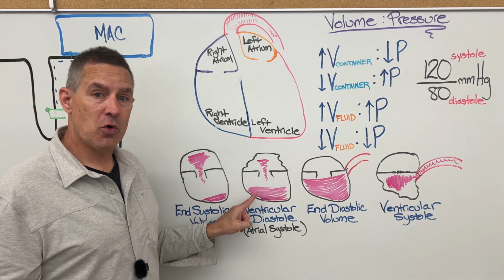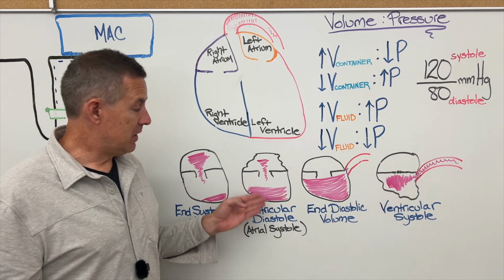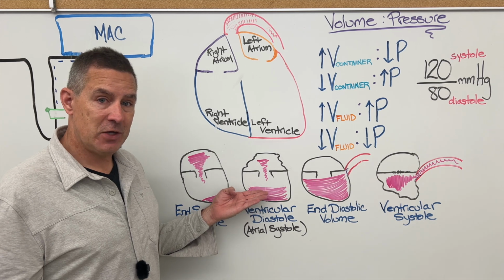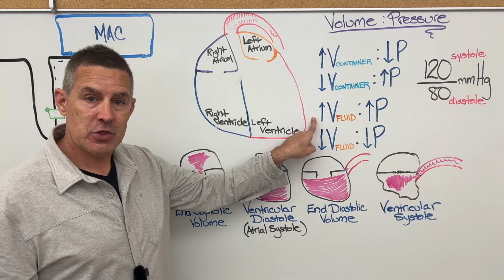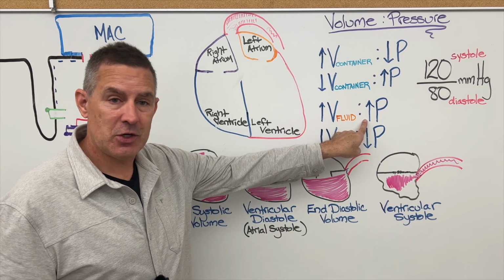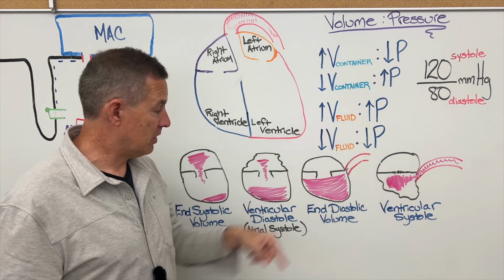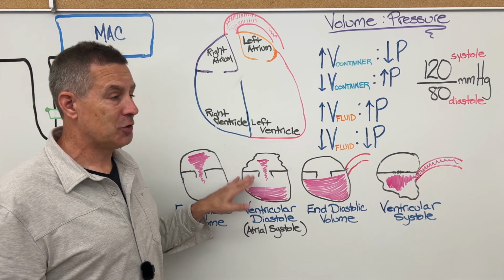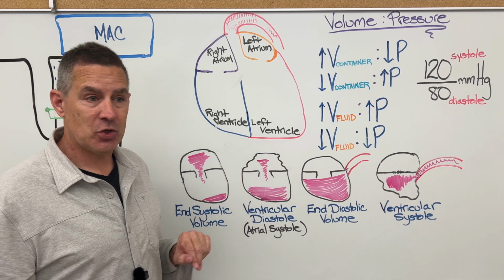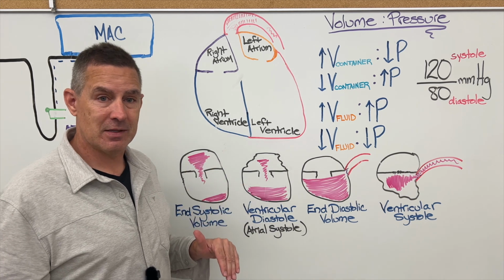Now, as fluid or blood plasma starts to increase in the left ventricle, that's an increase in fluid volume, which is going to correspond to an increase in pressure within the left ventricle. And once that pressure is high enough, or at least equal to the pressure in the left atrium, blood is not going to keep dropping into the left ventricle.